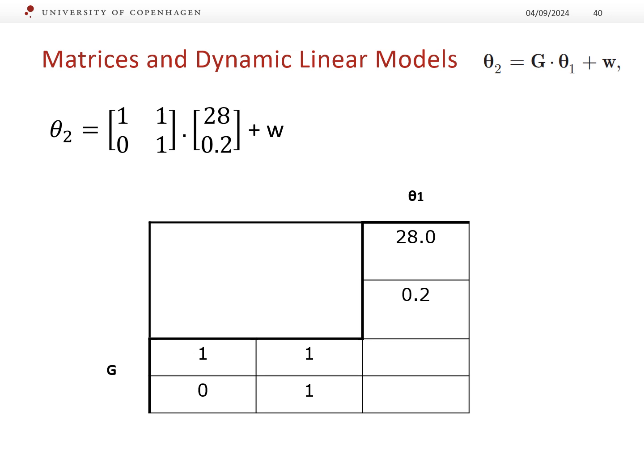So we start by multiplying the first row in G with the first column in theta 1. So that's 1 times 28 plus 1 times 0.2, which gives us 28.2. Then we move to the second row in G, where we have 0 times 28, which gives us 0, plus 1 times 0.2, which is 0.2.